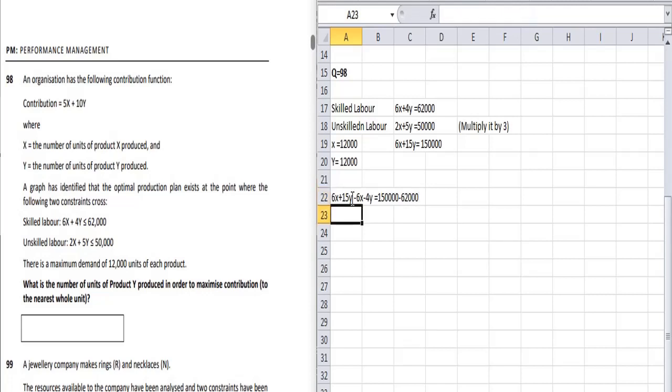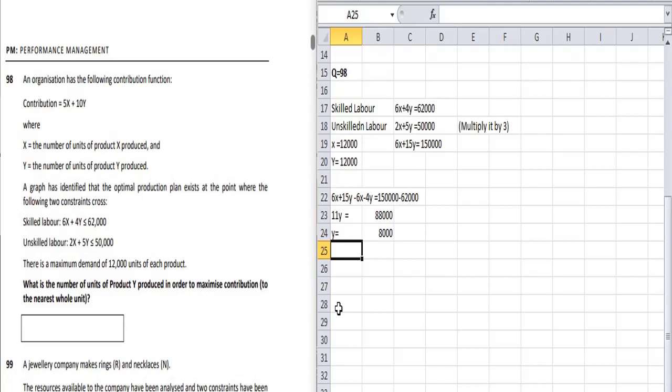So 6x will get cancelled out, and 11y will remain here, equal to 150,000 minus 62,000. So y equals this divided by 11, which means 8,000 units of y need to be produced.